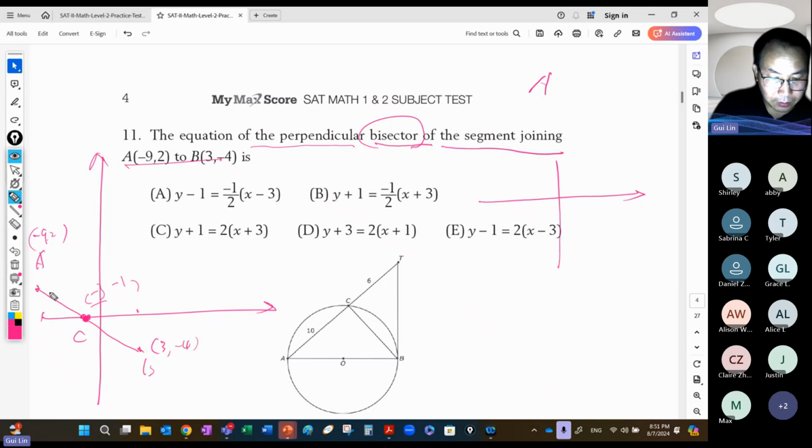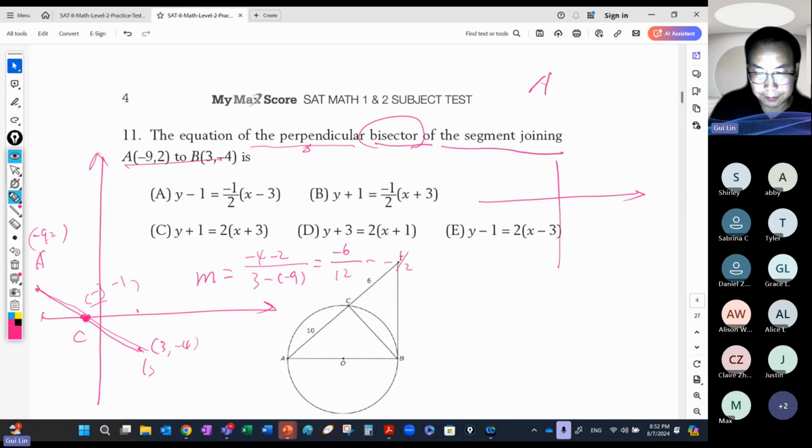And perpendicular. So we first need to find the slope of this one, and then I can find the perpendicular slope, right? The slope here is -4 minus 2 over 3 minus -9. So it's -6 over 12, equal to -half. So this slope is -half.